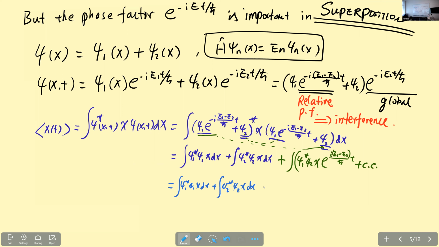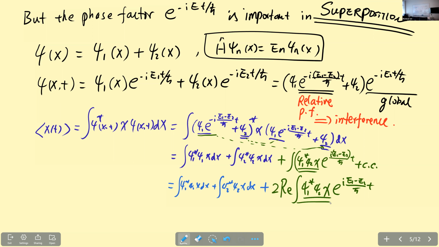And then now you have a new term, and in this term you can see that there is 2 times the real part of psi 1 complex conjugate, psi 2, and x, e to i (E1 minus E2) over h bar and t.